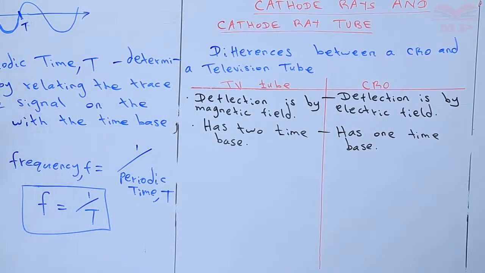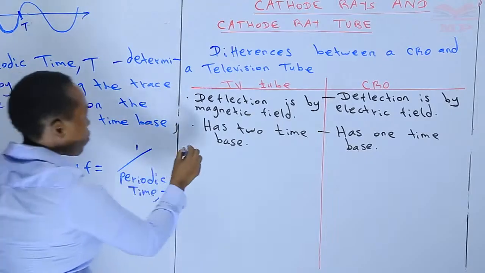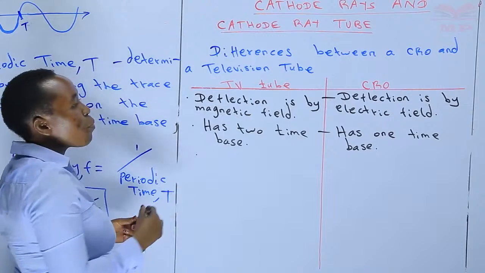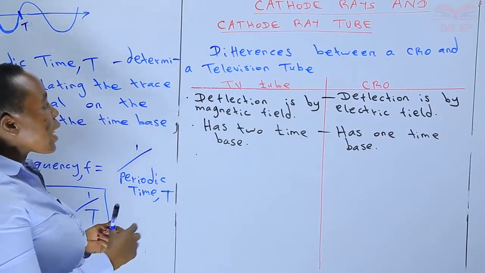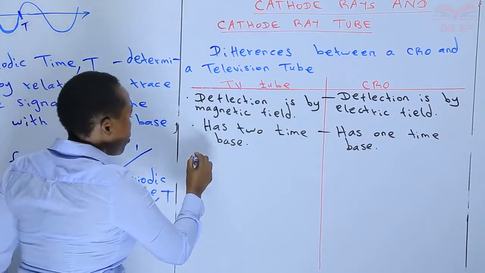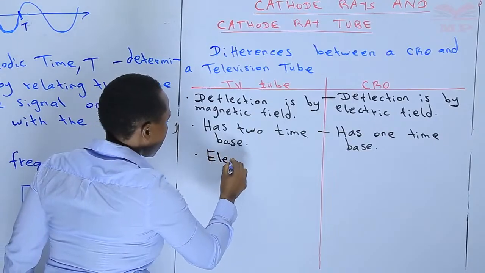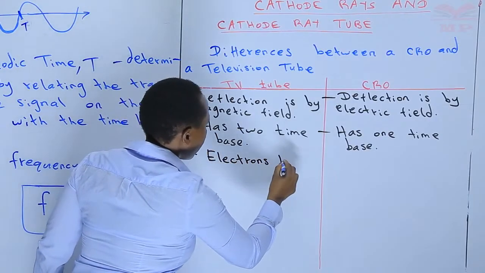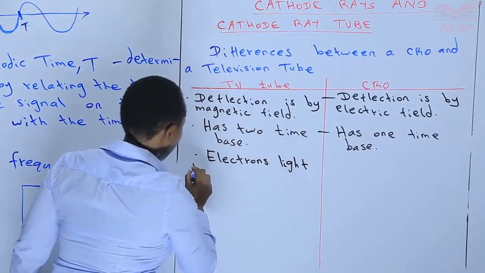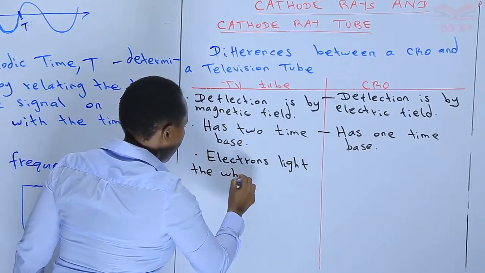Then we can also say that electrons light the whole screen for a TV tube, and that's why you are able to see the whole screen being lit in a TV.